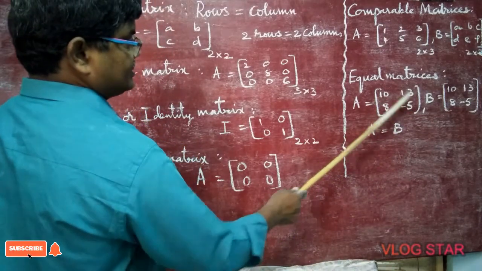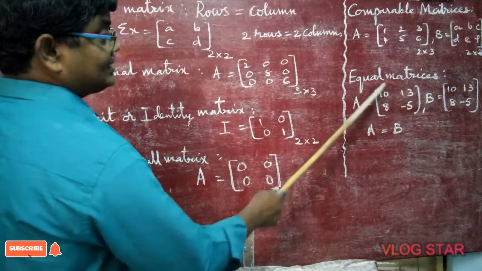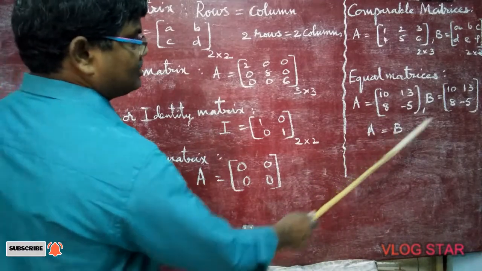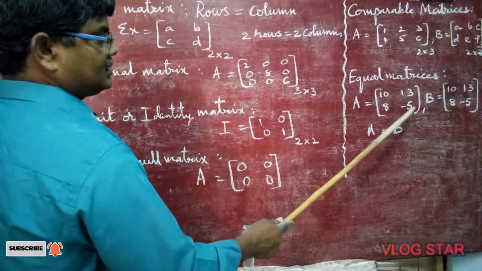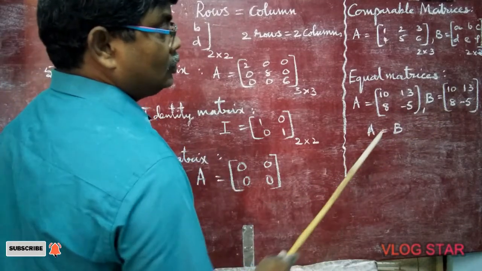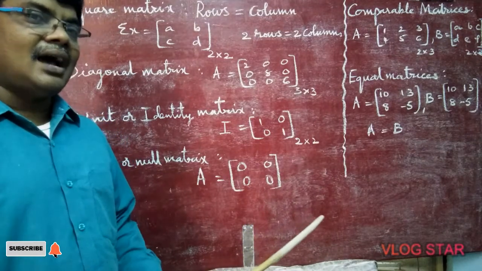First element, second element, third, fourth. Therefore, A and B are called equal matrices, because A has the same elements as B. Suppose in A minus 5 is there and in B plus 5 is there, those two matrices are not called equal matrices. Okay?